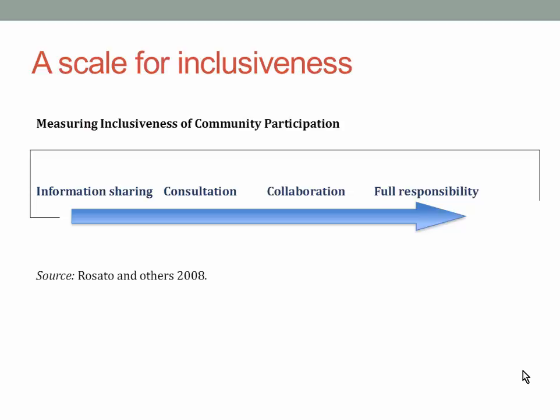Consultation involves actually consulting with the community and getting their opinions, although not necessarily letting them drive or take action. Collaboration, which is more inclusive. It involves the community platform working closely to carry out the public health cycles. And finally, full responsibility, where the community actually takes ownership of projects and the public health cycles that we saw earlier.